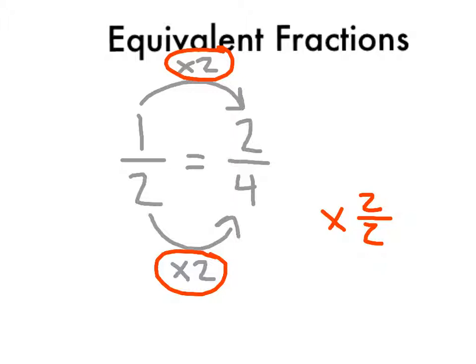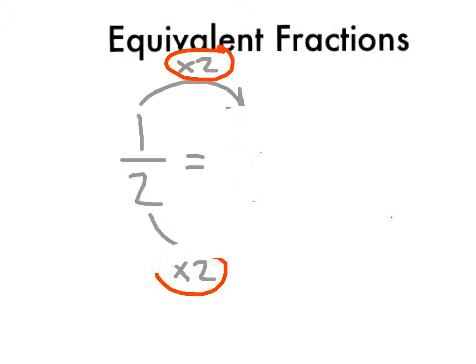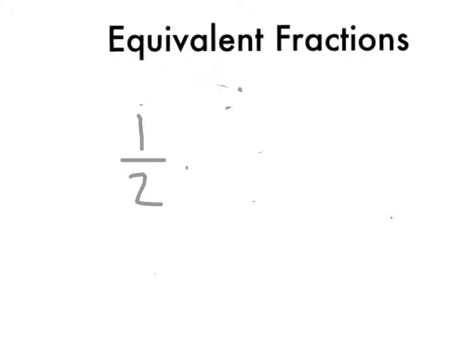Okay, let's try another one. So we know that we could go from 1/2 to 4/8. Now the question here, how did we get from 2 to 8? 2 times 4 is 8.